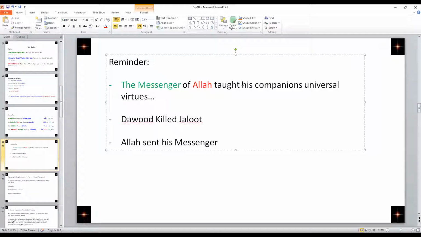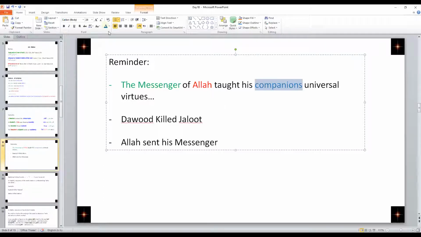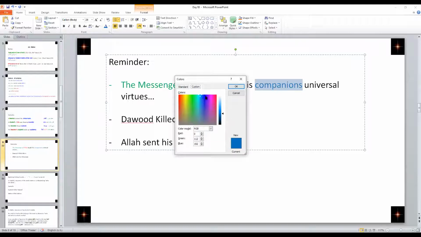He taught companions. What he did, he taught the companions. So the companions here will be in blue. I don't seem to have the deeper blue here. Just trying to get it deeper and deeper.